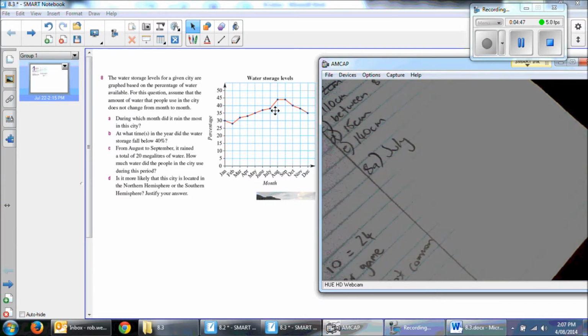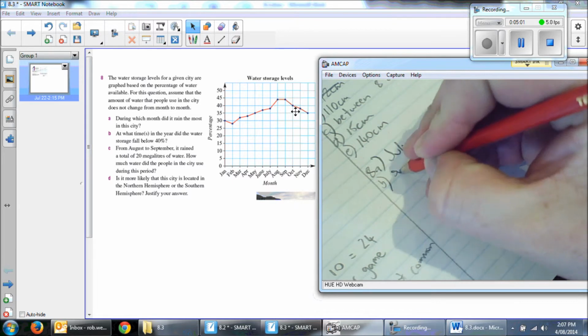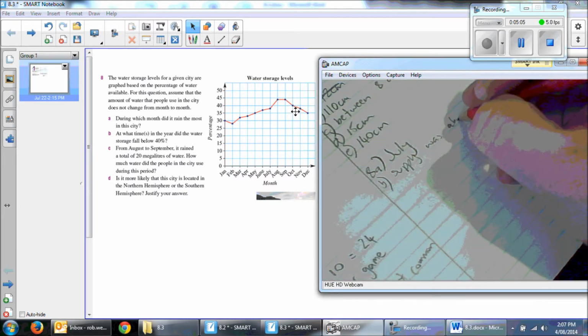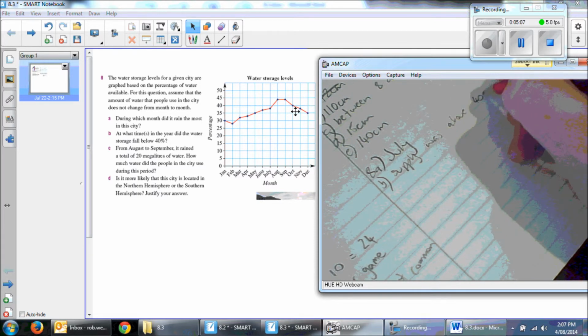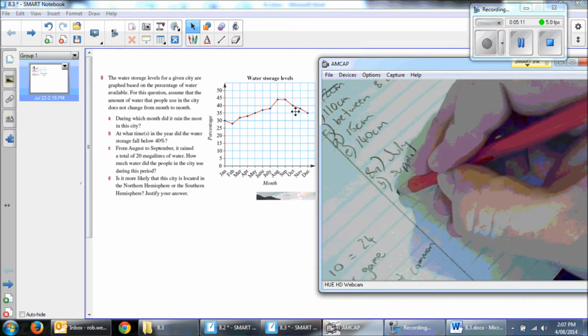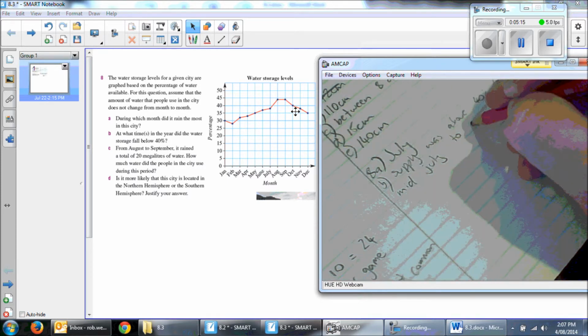So I'm going to say storage was only above 40% from around halfway through July until October. So supply was above 40% from mid-July to October.